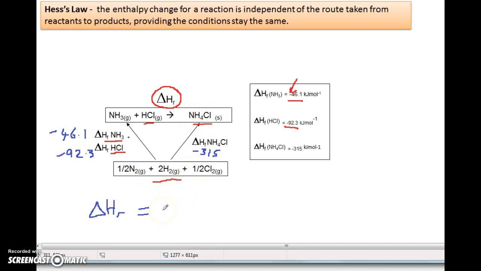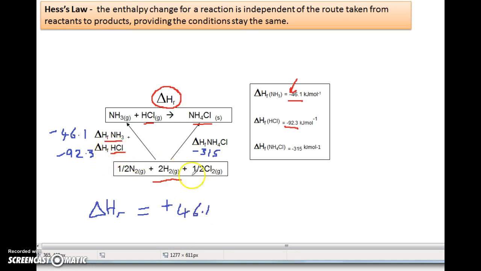So there's a couple of golden rules when you're dealing with Hess's law. The first of them is that if you go backwards along an arrow, then the sign of the enthalpy change has to change. So to go from the elements to ammonia would be minus 46.1 kilojoules per mole. But of course if we went back the other way, it's going to be plus 46.1.